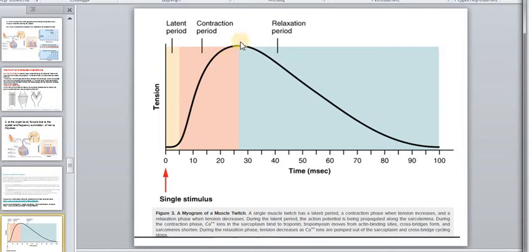The last phase is the relaxation phase, when tension decreases as contraction stops. Calcium ions are pumped out of the sarcoplasm back into the sarcoplasmic reticulum, and cross bridge cycling stops, returning the muscle fibers to their resting state.